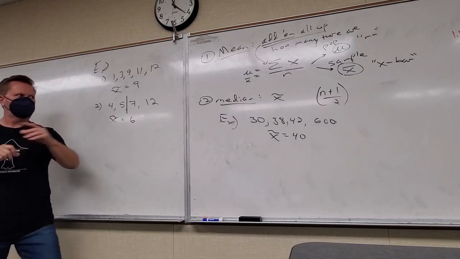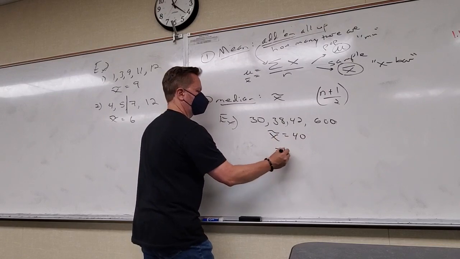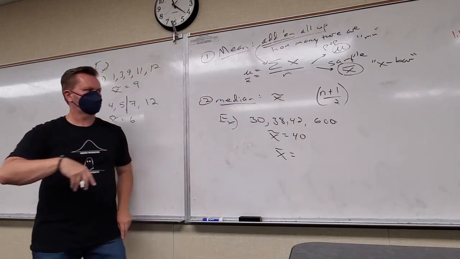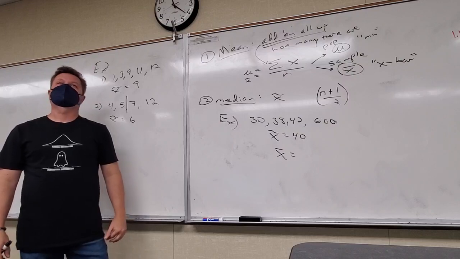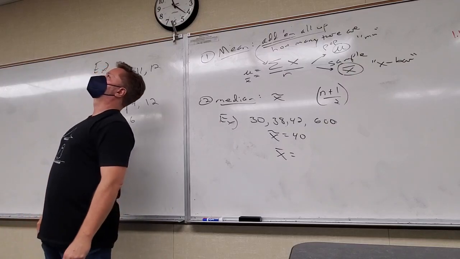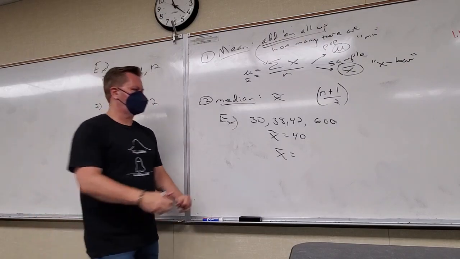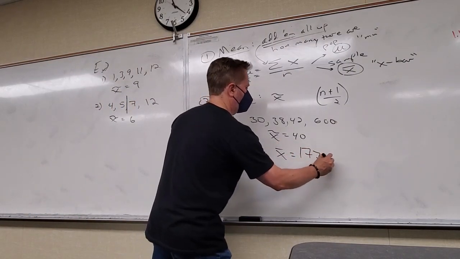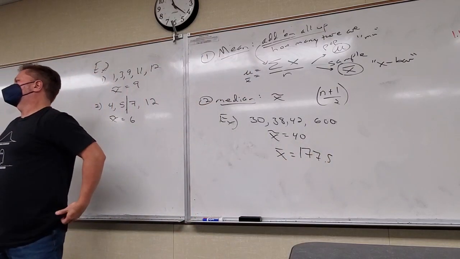Okay. So in this example, what's the average of these, by the way? What's the average of those? What is it? 177. Yeah, okay. $177.5 thousand. So if I said, what can I expect to make when I start working there?